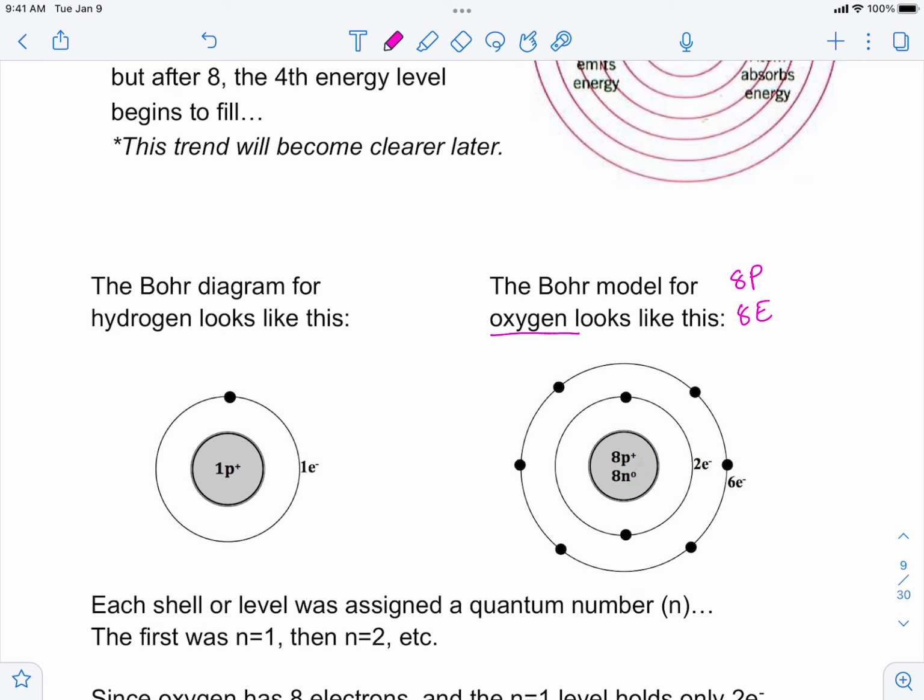Now, this first ring, this is energy level 1. And remember we said that energy level 1 can only hold 2 electrons, and that's why you see 2 dots there. Energy level 2 can hold 8 electrons, and we only have 6 electrons there, and that's okay. It doesn't have to be full. The point is it can hold up to 8.